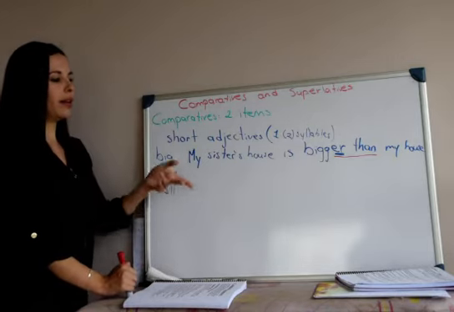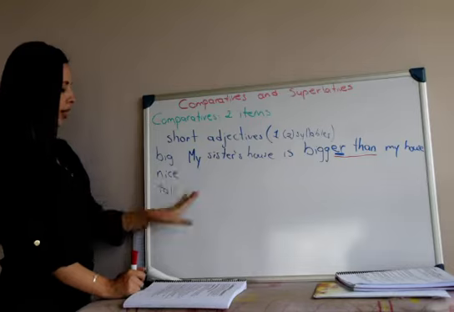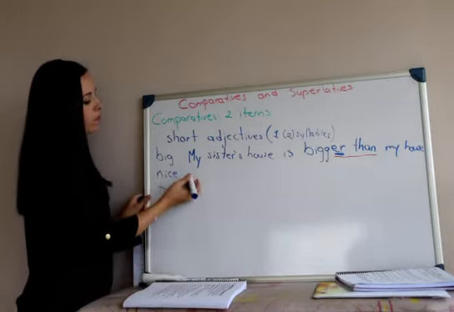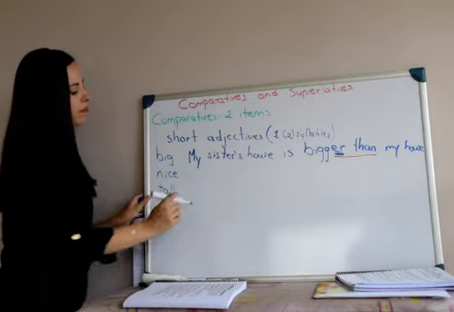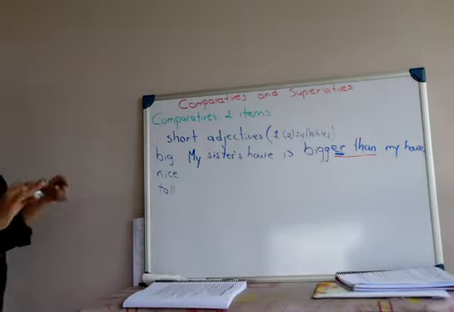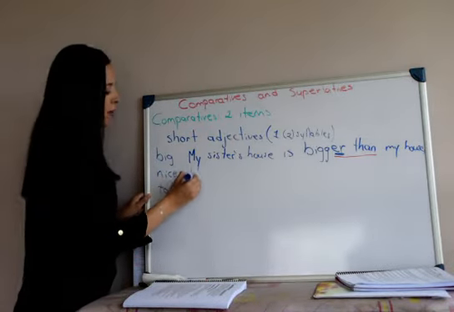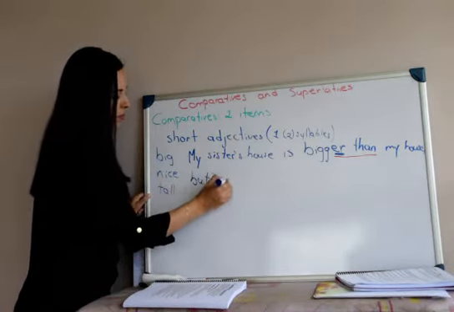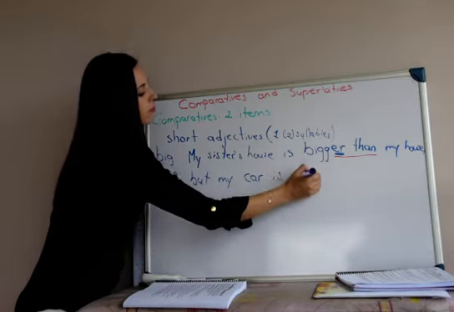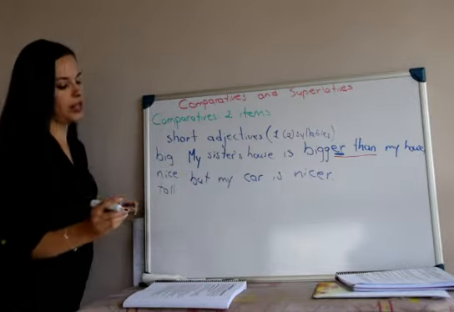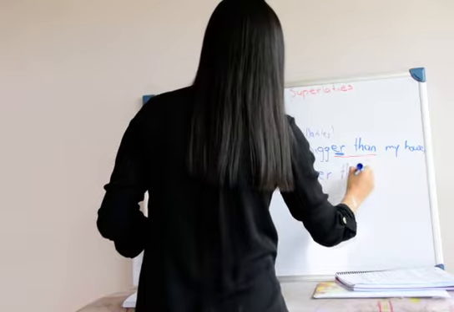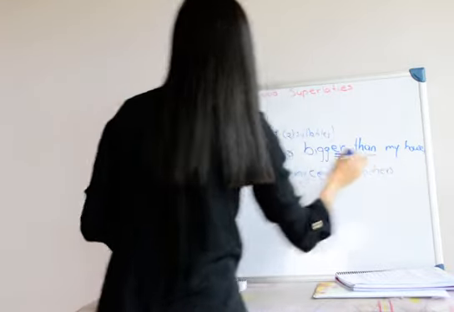So, only by adding ER and than we're already comparing. Let's write an example with one of these adjectives. Okay, it's bigger than my house. Let's write a comma. Let's make a compound sentence. Comma. But my car is nicer than hers.